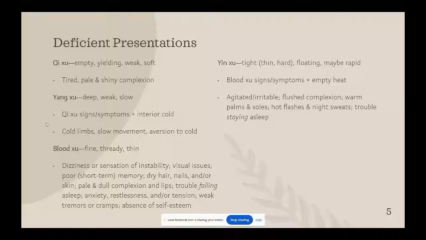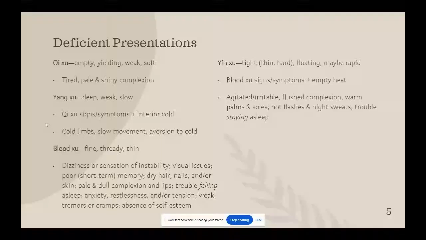And with blood deficiency, there may be anxiety or restlessness or tension, as well as weak tremors or cramps, like menstrual cramps, particularly cramps that begin after the period starts. So that's a sign of blood deficiency.